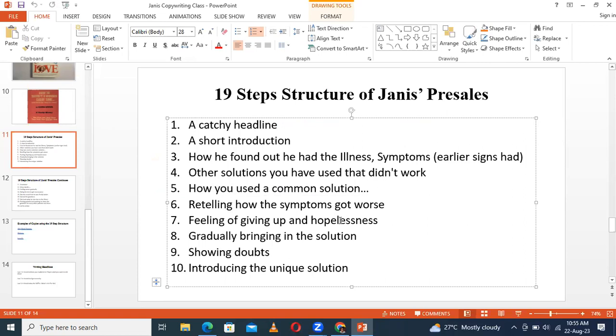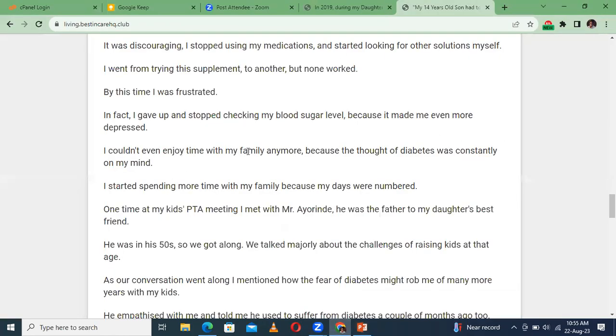But I didn't write anything about number 6. I skipped that part to tell you how the symptoms got worse. Telling how the symptoms got worse is most times physical. What I just did is I went to the feeling of giving up and hopelessness. Do you understand? That's why I was saying that you can be very flexible with it. You don't need to be so rigid with it. So let's continue.